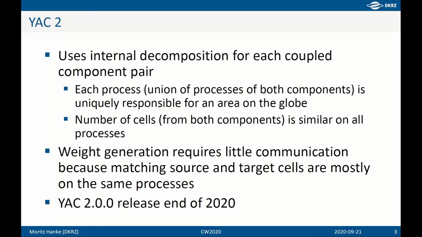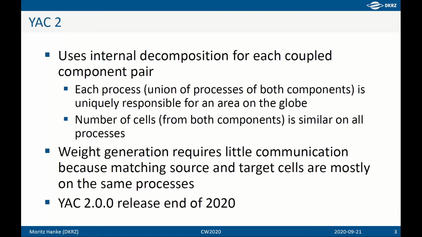The main idea of YAC-2 is that it internally has its own decomposition, which has two unique properties. One being that each process, source or target, is responsible for a unique area on the globe. And the second property is that the number of source and target cells within this area is similar across all processes.